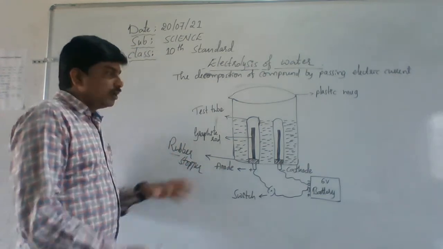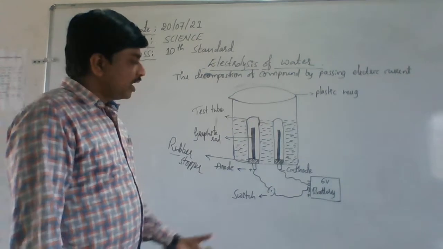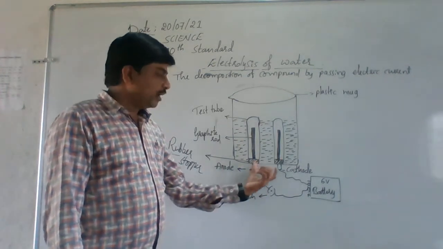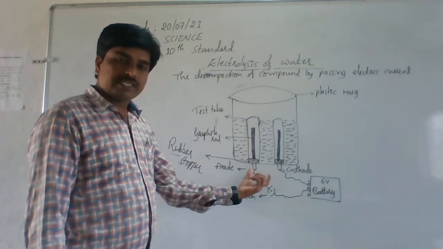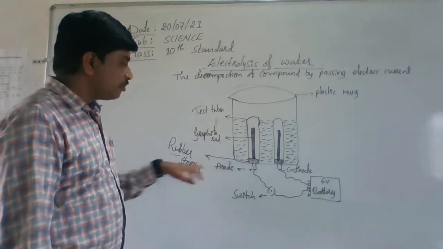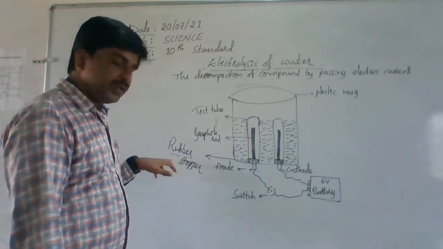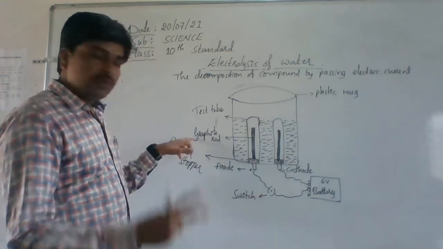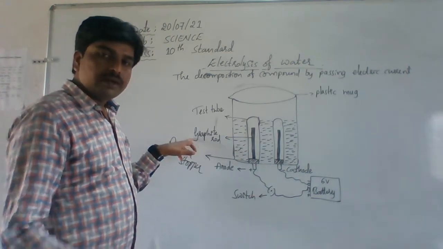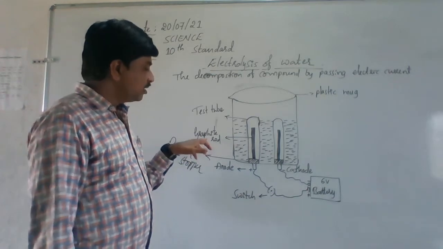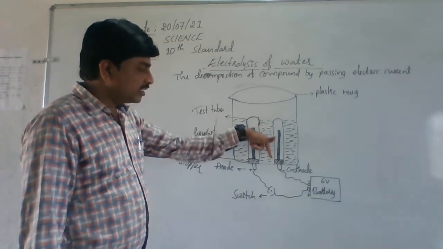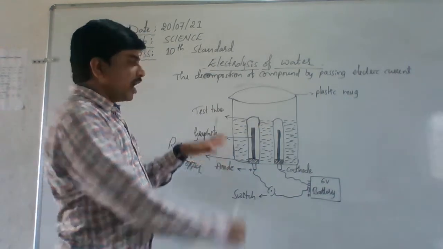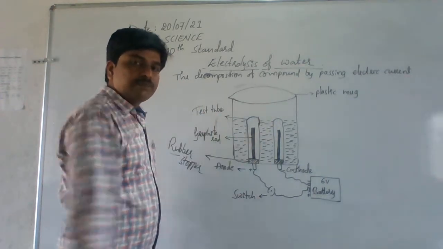Okay, dear students, first take a plastic mug and make 2 holes beneath it and fit these 2 rubber stoppers in the holes. Take 2 graphite rods and fit them inside the rubber stoppers.